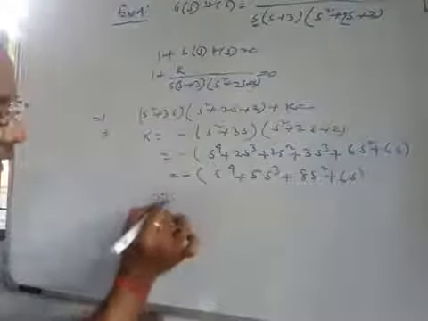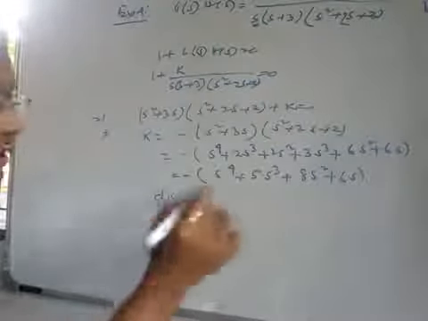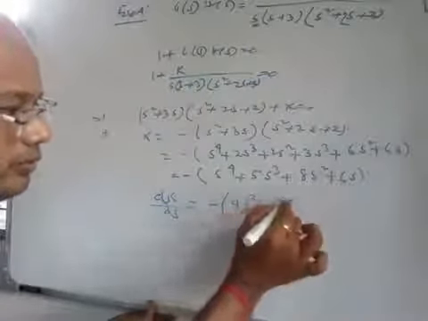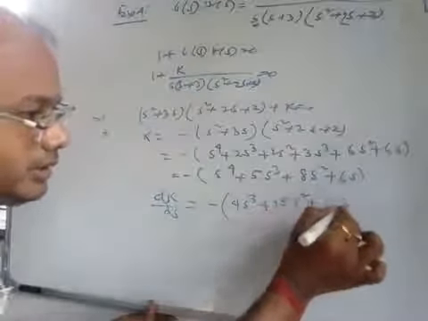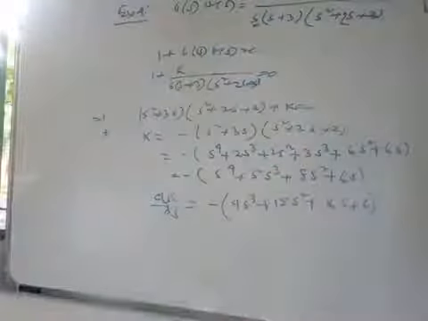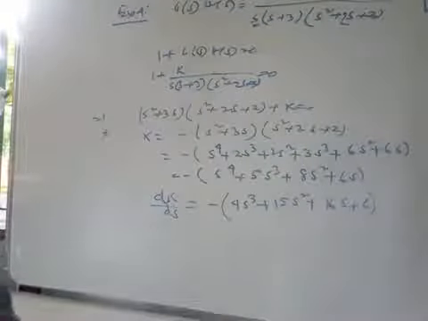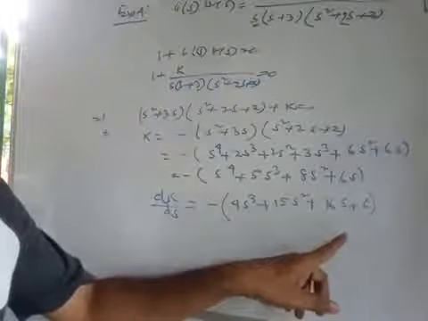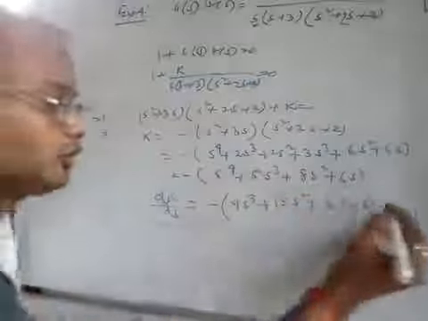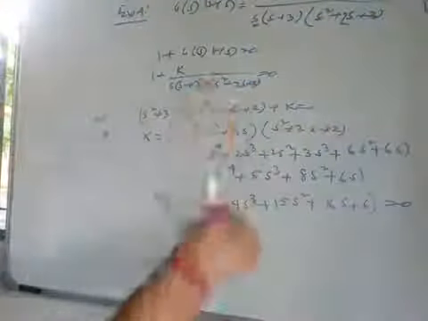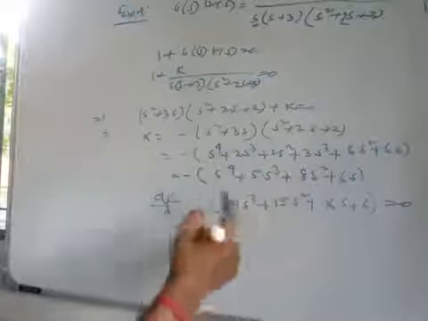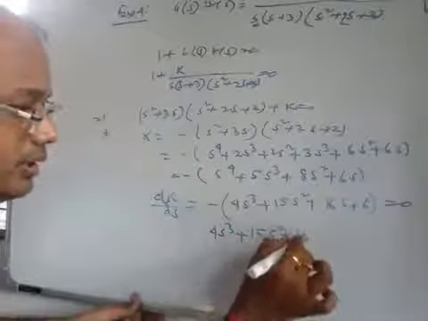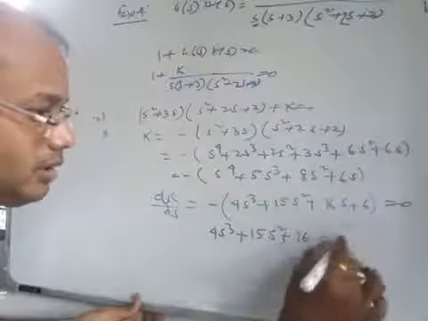So dK by ds will be equal to minus (4s cube plus 15s square plus 16s plus 6), and this will be equal to 0. That means 4s cube plus 15s square plus 16s plus 6 equal to 0.